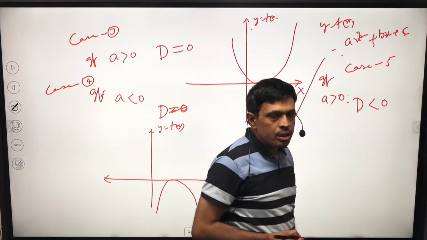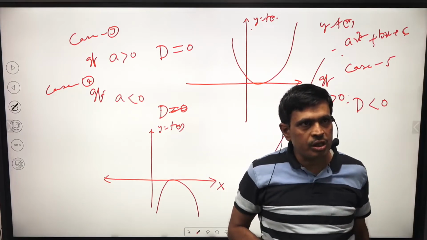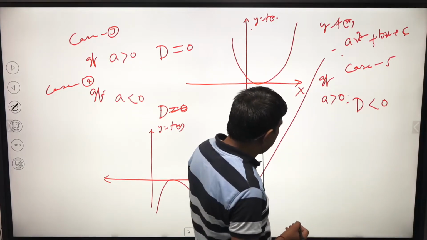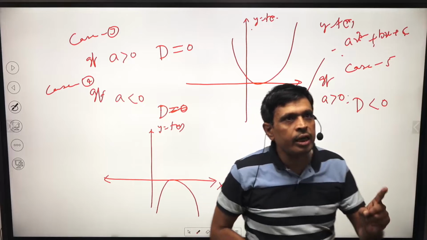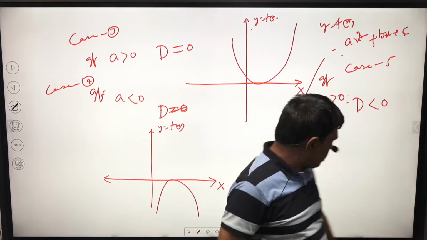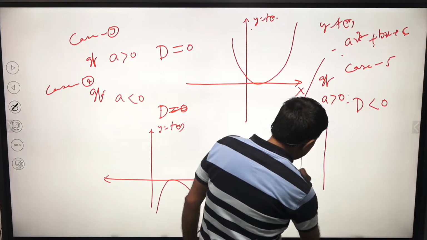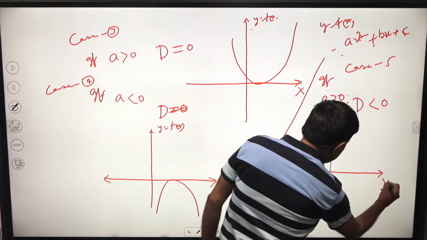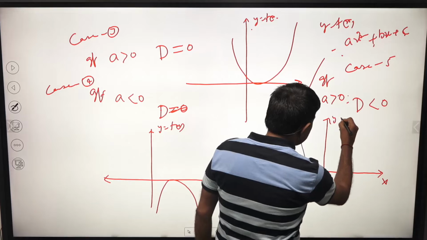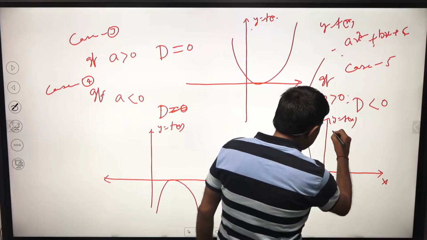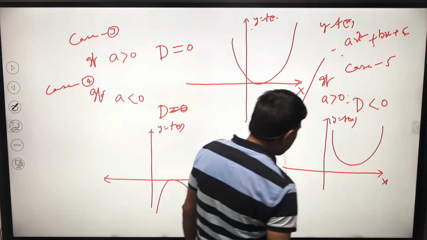Less than 0 means roots are imaginary. That means they never intersect the x-axis, so we get this type of graph. This is x, this is y is equal to f of x.